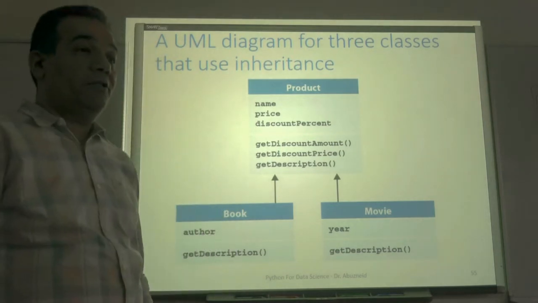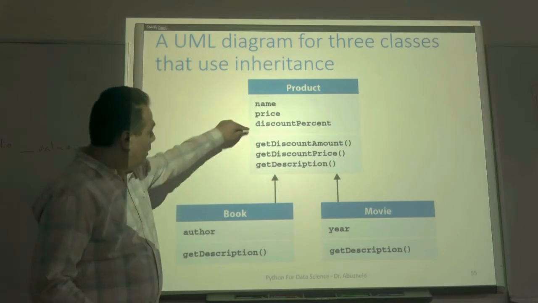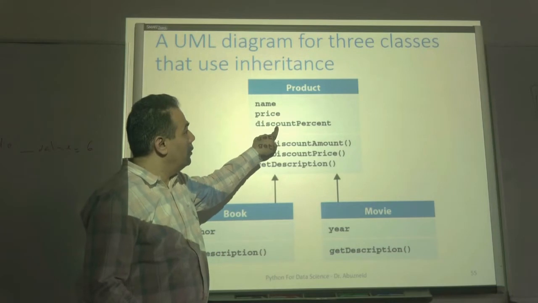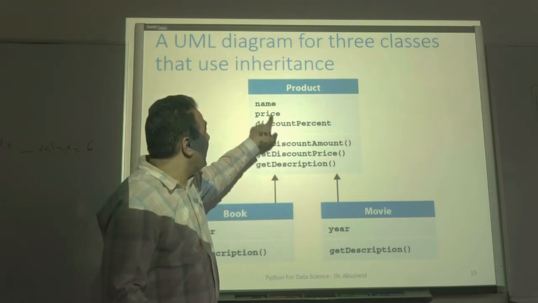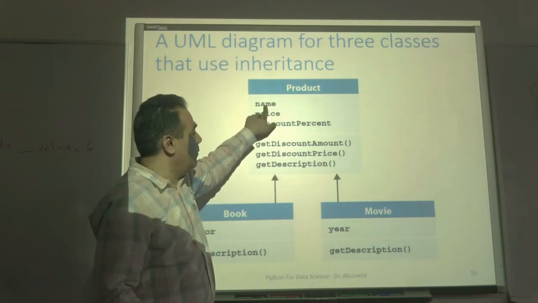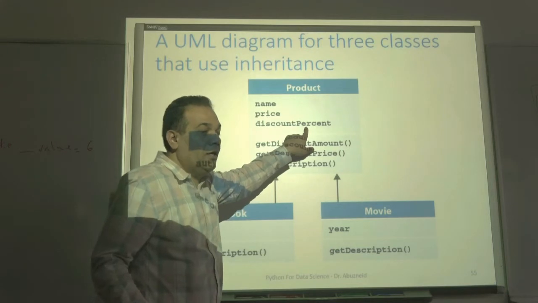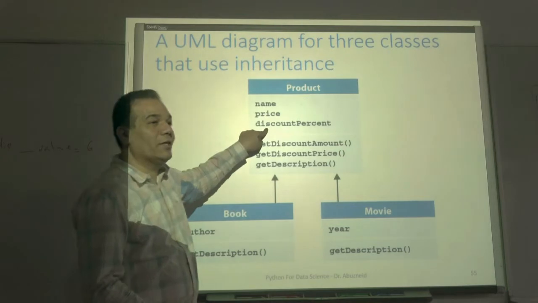So we have a product. If, for example, I go in here and add author and add year, it will work, right? But if I have a table, year will be a null value because it's not a movie. If I have a table, the author will be what?